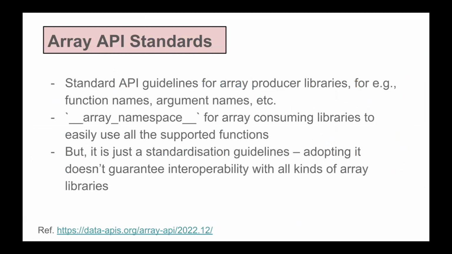So it's basically guidelines and standards that new array libraries, and existing ones too, should adopt, like having this kind of function signature and these kinds of function names and arguments. They also recommend that you have this array namespace so that the array consuming libraries can easily get all your supported functions. But it's just guidelines, and it's still getting adopted by a lot of projects.